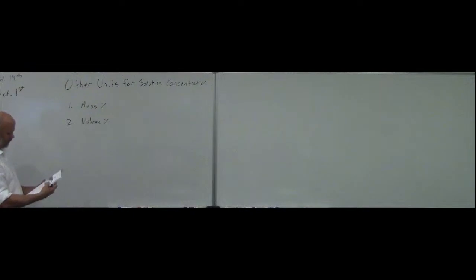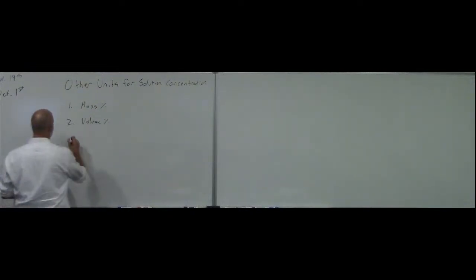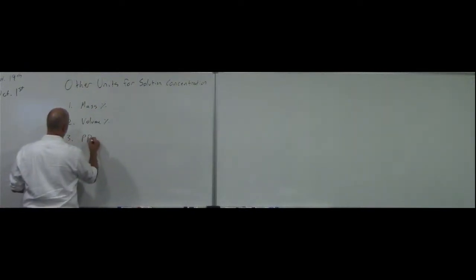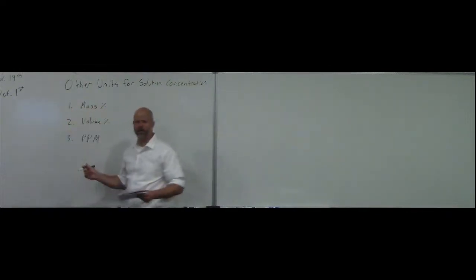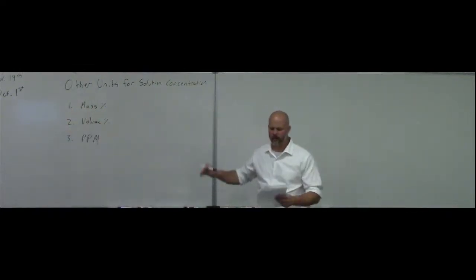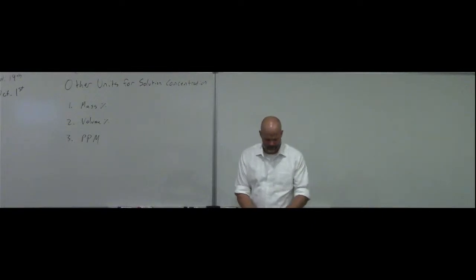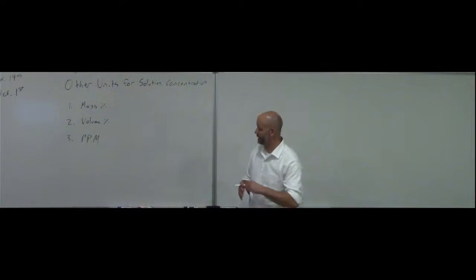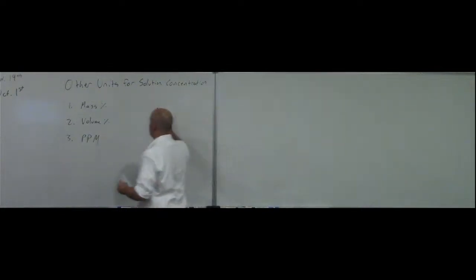And then we'll finish up with parts per million. It's always abbreviated ppm, parts per million. So it's just kind of a roadmap of what we're doing here. All right. So we'll get started on mass percentage.